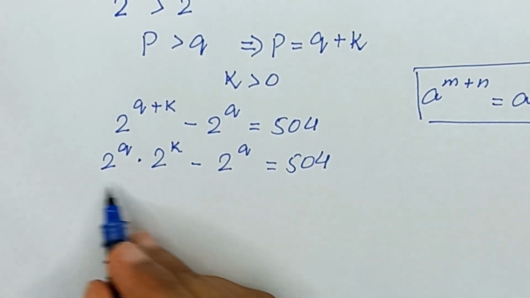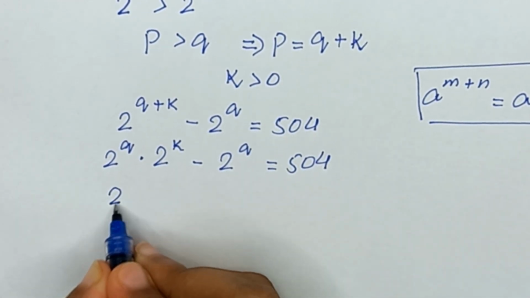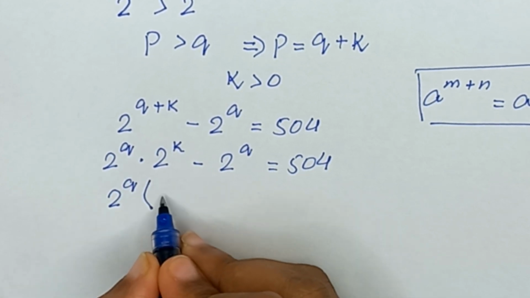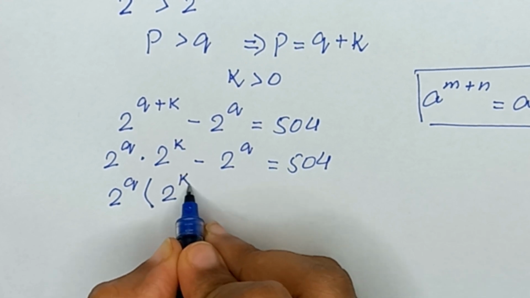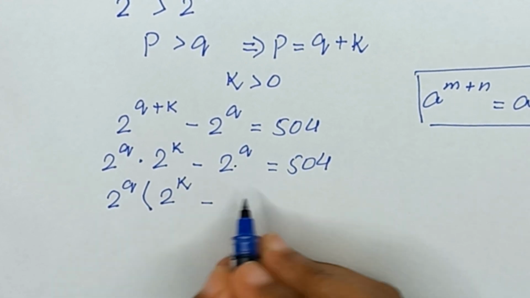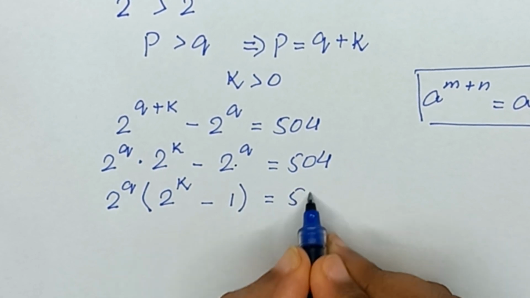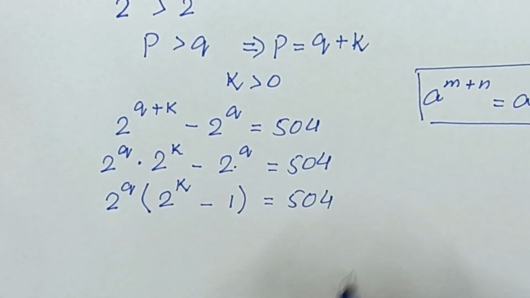So from these two terms we have 2 raised to the power q is common here. So this value divided by this will become 2 raised to the power k minus 2 raised to the power q divided by 2 raised to the power q will be 1 is equal to 504.